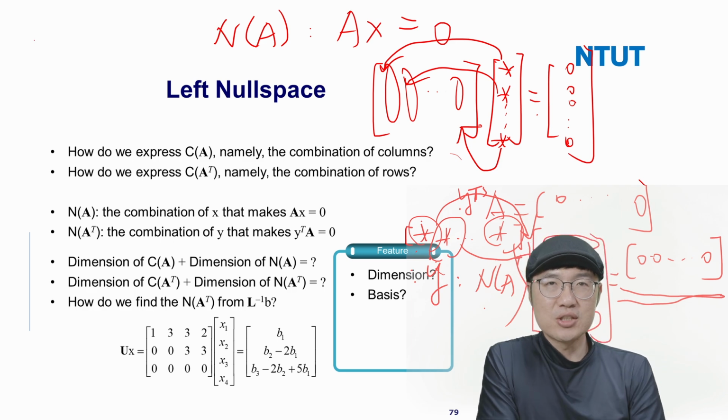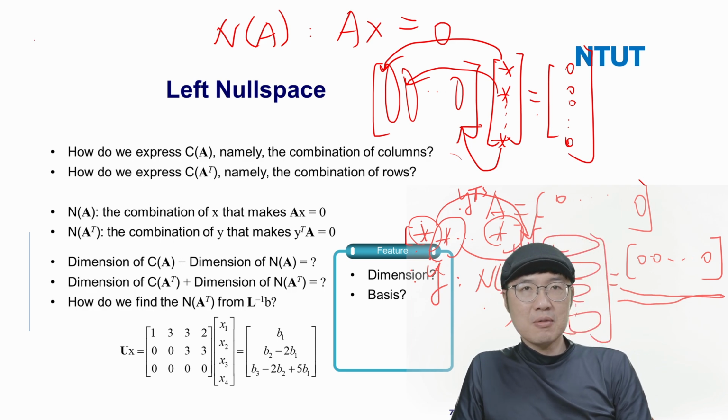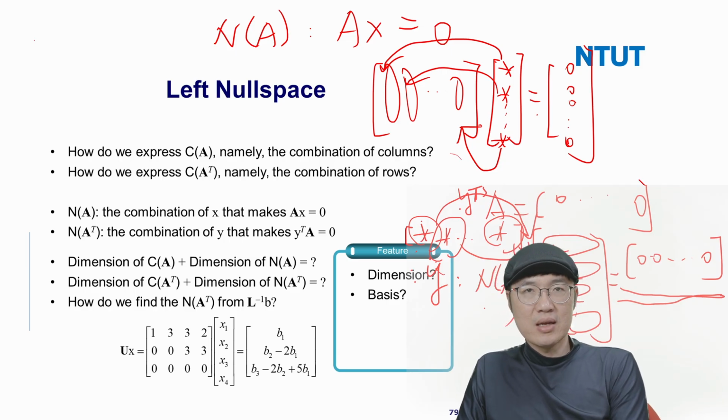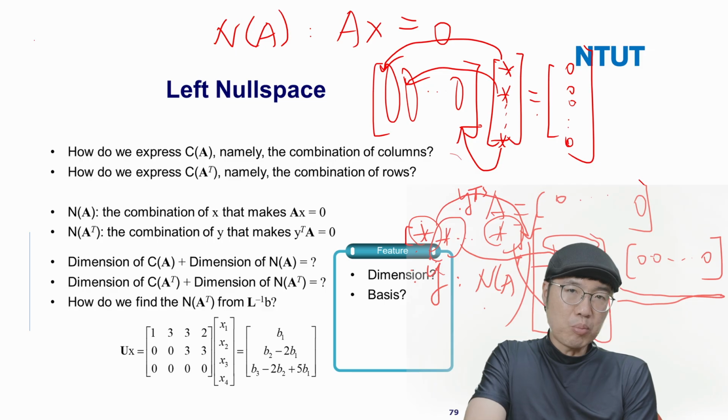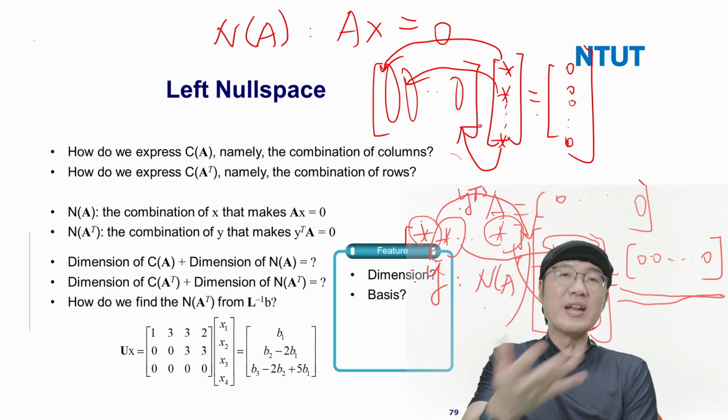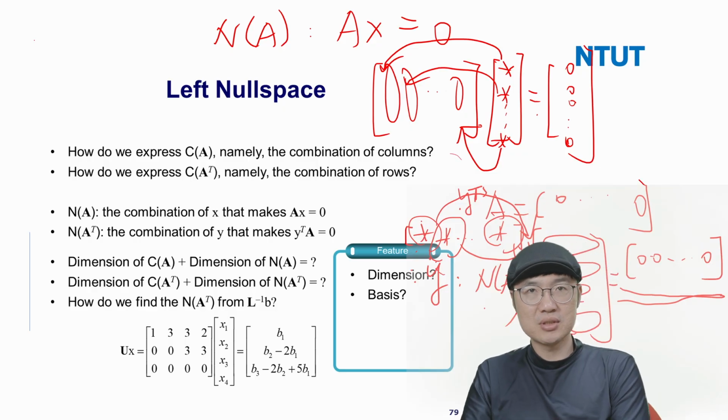Yes. So the null space of A means the x that makes Ax equals 0. The left null space of A is also the null space of A transpose.